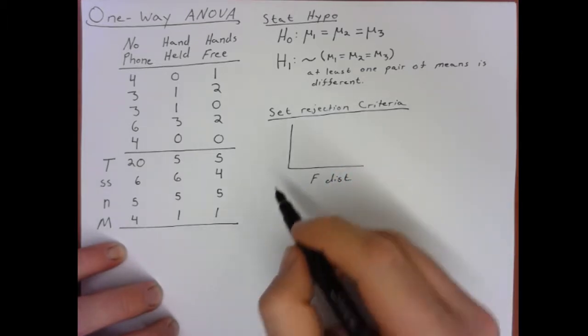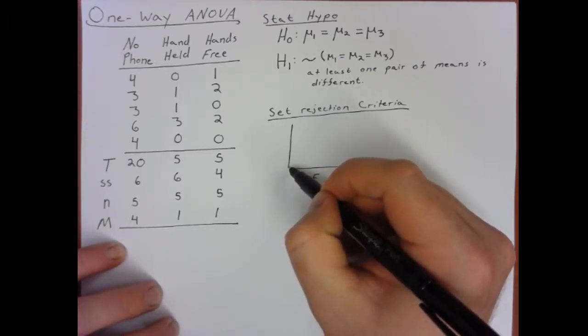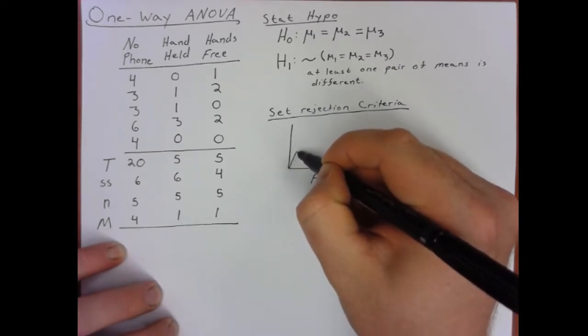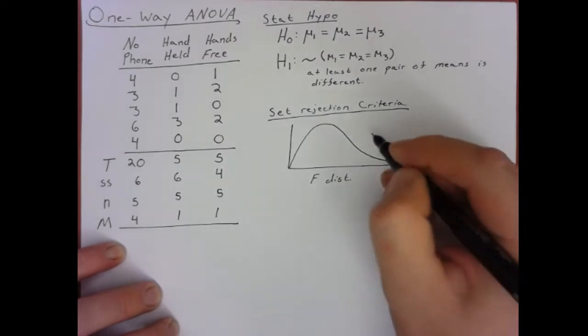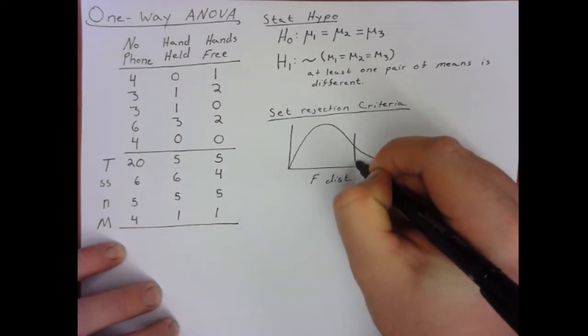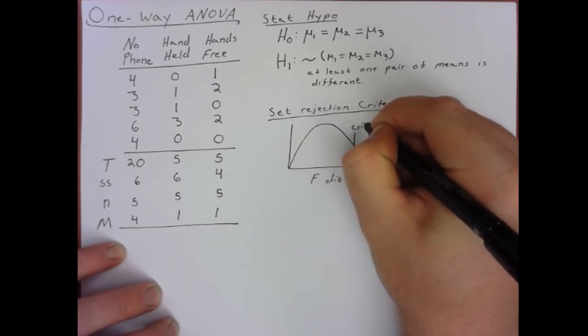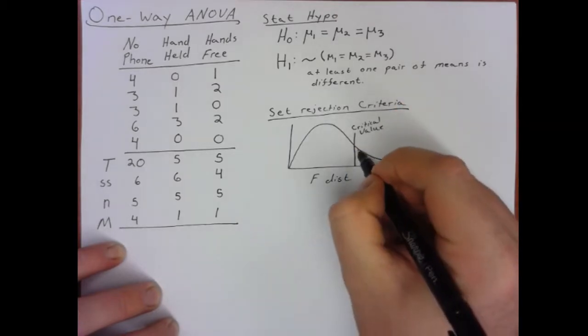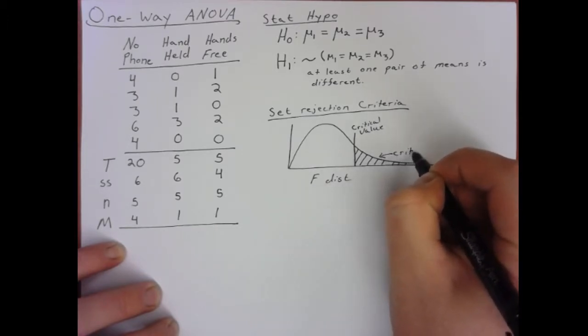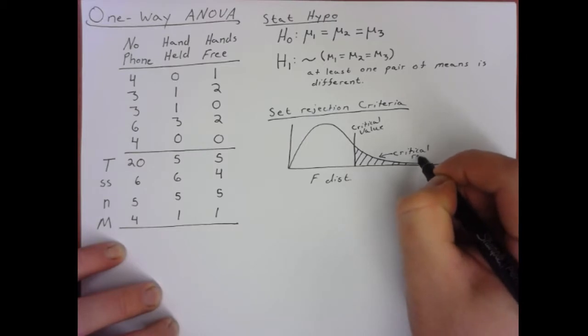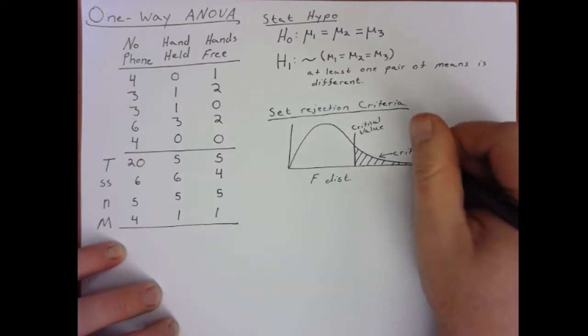The F distribution is positively skewed and bounded at 0, such that we will always have one critical value that's in the right-hand tail, and only a single critical region.